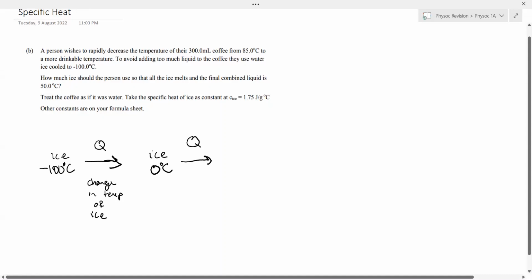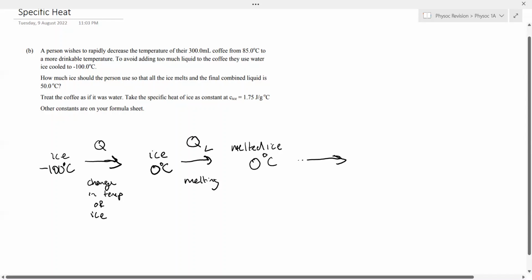So we want this Q here, and this is going to be melting. Then we're going to have water, or the melted ice, still at 0 degrees Celsius, so this is going to be due to latent heat.